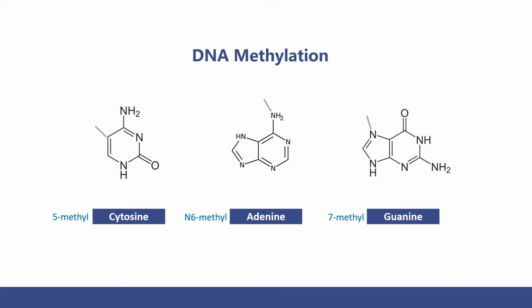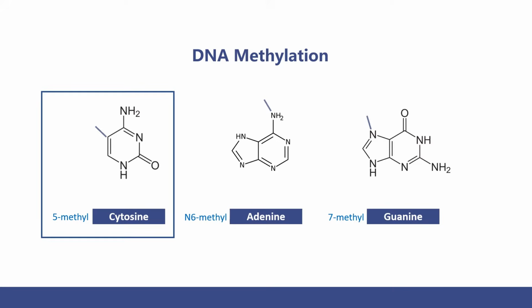The major forms of methylation are 5-methylcytosine, N6-methyladenine, and 7-methylguanine. In eukaryotes, DNA methylation only occurs on the cytosine residues and specifically at CpG sites.